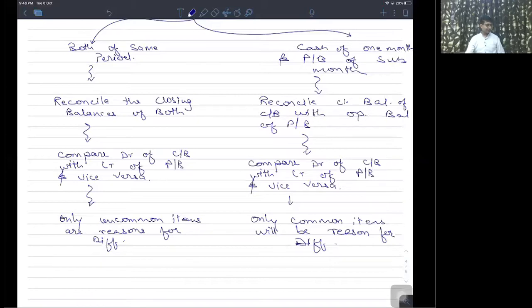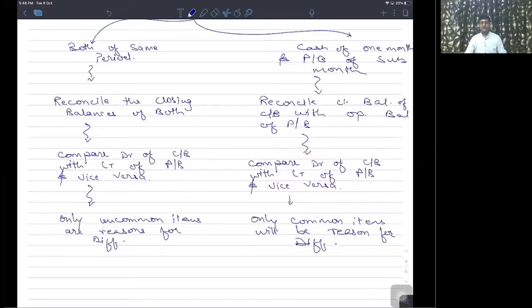The shortcut is: in your bank reconciliation statement, if you adjust only these three reasons for difference, that is, checks issued but not presented, checks deposited but not credited, and the errors in passbook, you will automatically be able to get the balance as per adjusted cash book. But that's a shortcut. Whether that will be accepted or not, that's a different thing.